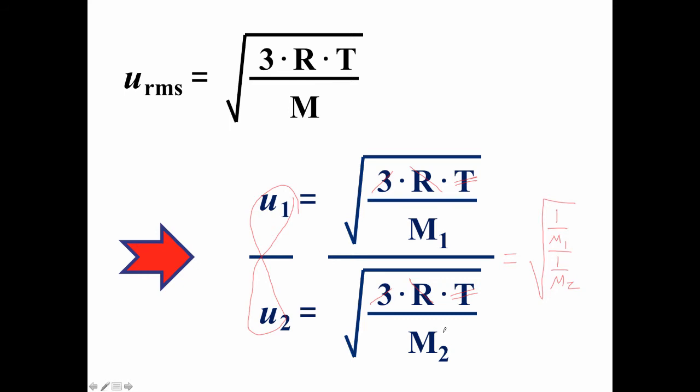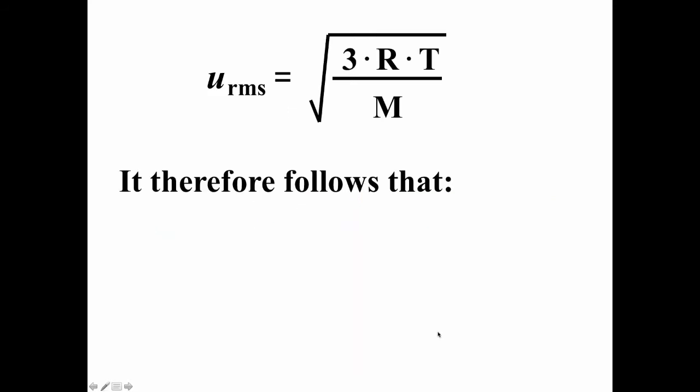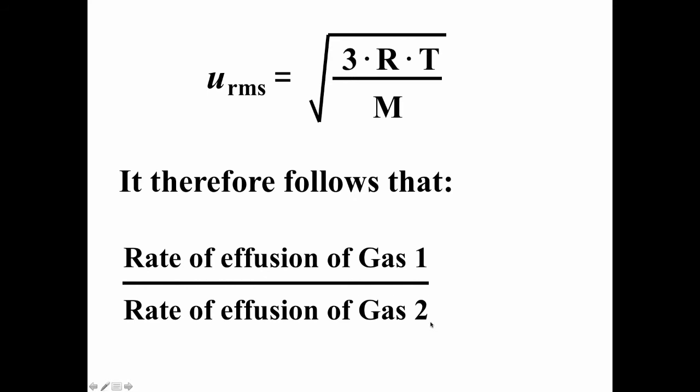And if we now simplify this a little bit, we get that the rate of effusion of gas 1 compared to the rate of effusion of gas 2 equals the square root of the mass of gas 2 over the mass of gas 1. And note, rate of effusion here is going to be determined by the root mean square speed of gas 1, and the rate of effusion of gas 2 will be determined by the root mean square speed of gas 2.